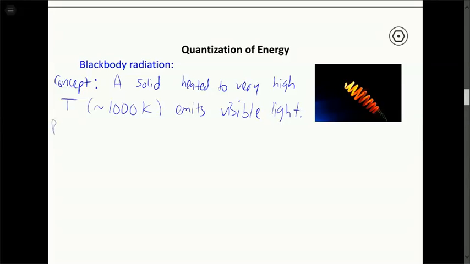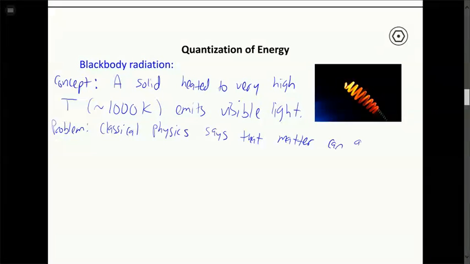The problem that arose is that people again were stuck in the world of classical physics, just the simple Newtonian physics that had been around for hundreds of years. And using classical physics, you would predict that matter can absorb or emit any quantity of energy.